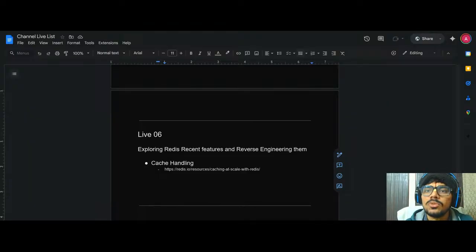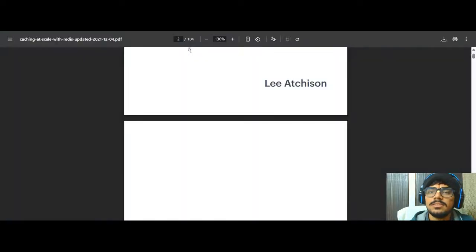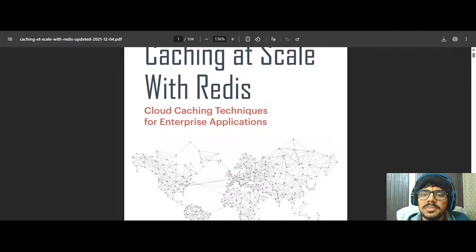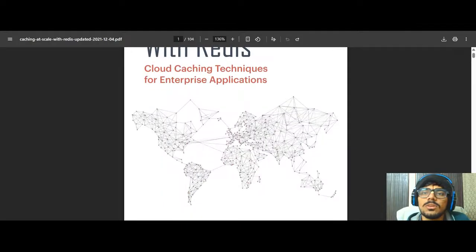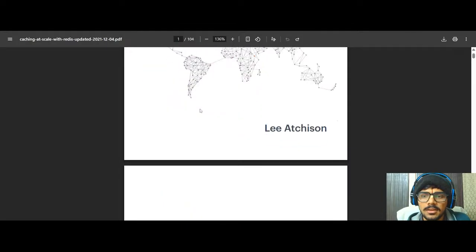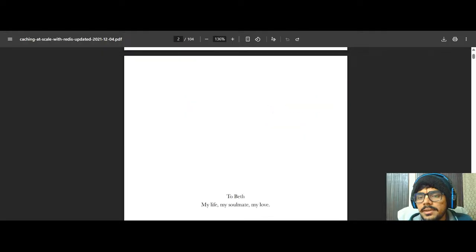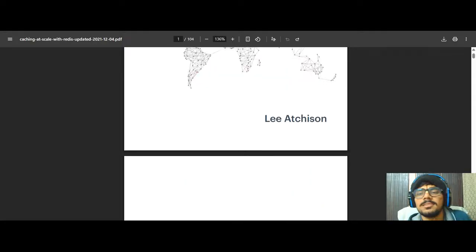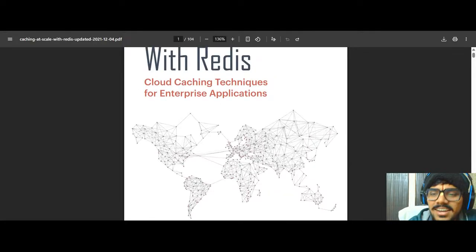Oh, this whole book is for caching at scale. So it's kind of an introduction to the whole caching thing. We'll try to look at the whole caching PDF as well. I've downloaded it. You can also download it from the web directly. It's been written by Lee Jason. I guess I pronounced it correctly. A huge shout out to Lee.